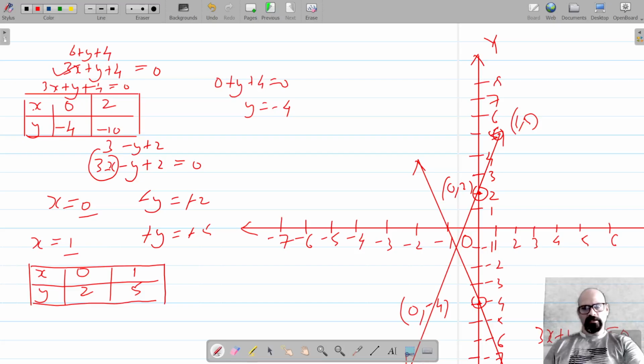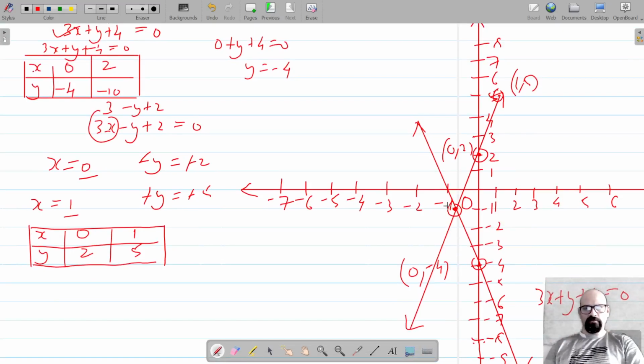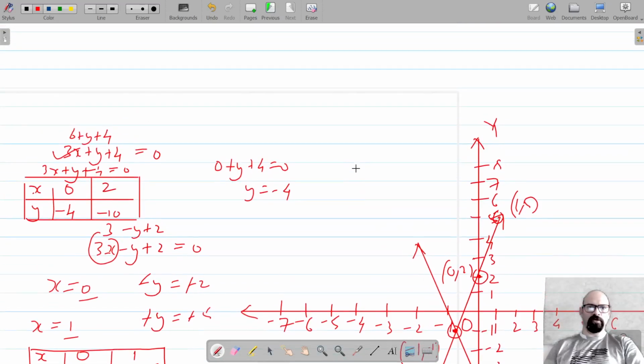So this is the point of intersection of these two lines, and because the divisions are not equally spaced, I'm going to take it as minus 1 comma minus 1. So these two lines are intersecting at minus 1 comma minus 1.